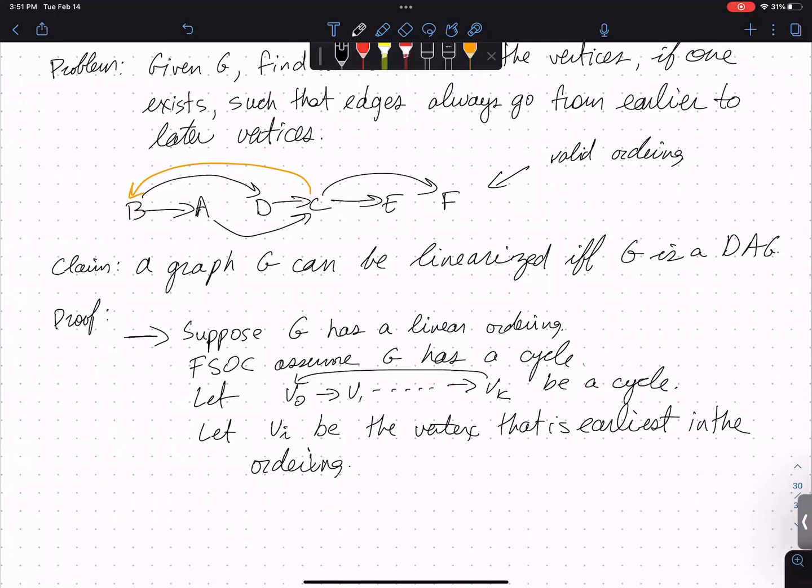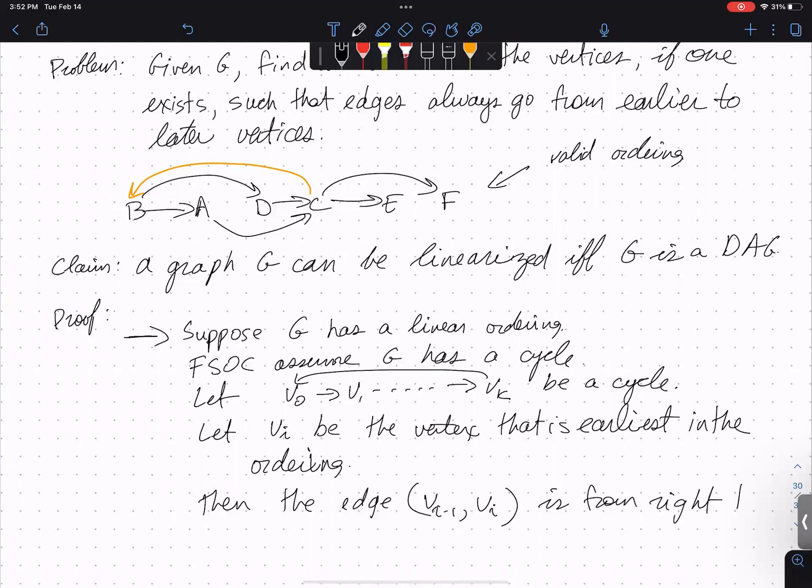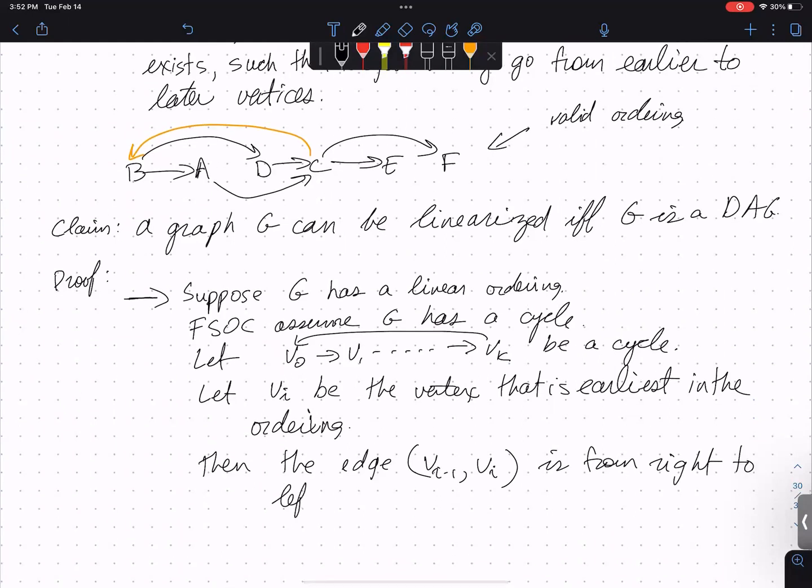Now the edge going into that, Vi minus 1 to Vi, is from right to left, i.e. it violates the ordering. That's a contradiction.